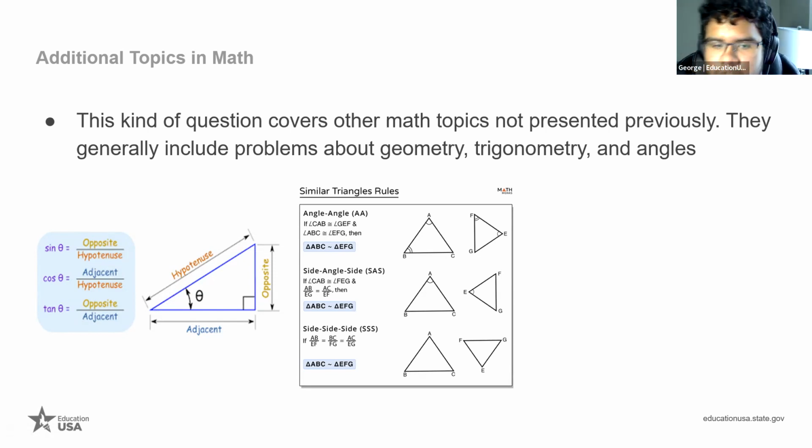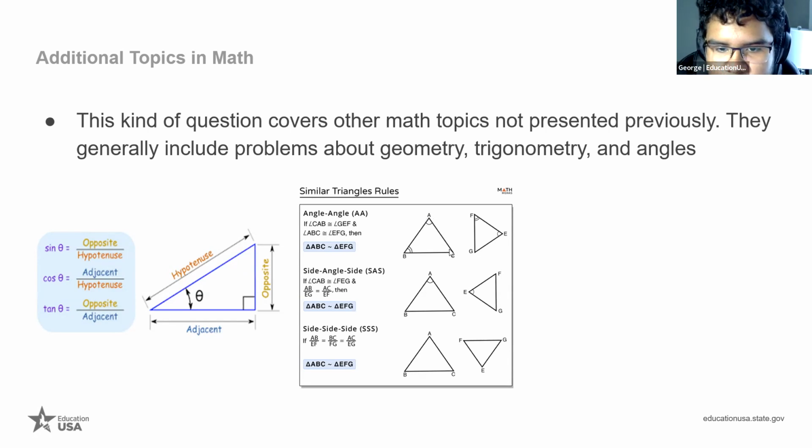And this here is showing similar rules for determining triangles that are similar. Similar triangles refer to two triangles that have the same shape, but they aren't exactly the same size. Like they have the same proportions and such. And that's what's showing here. The first test for similar triangles is two angles that are the same.